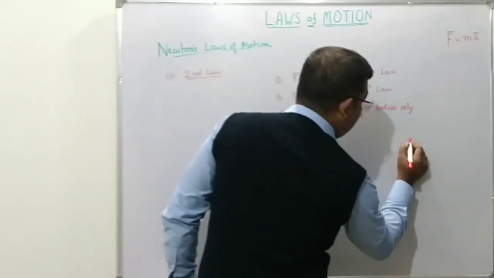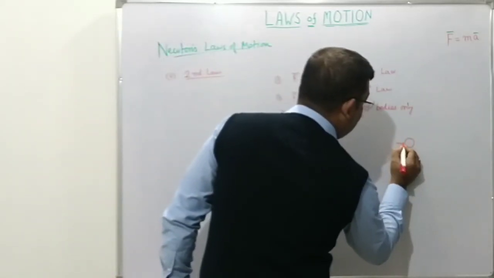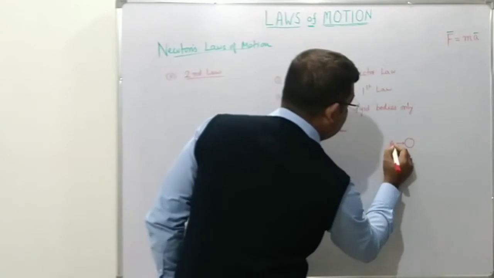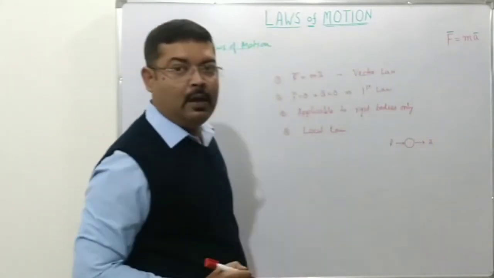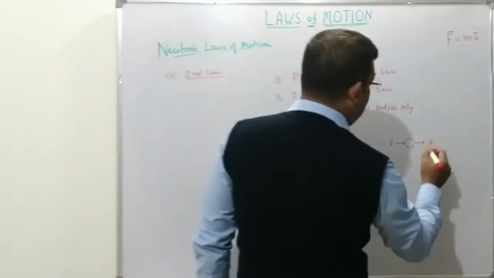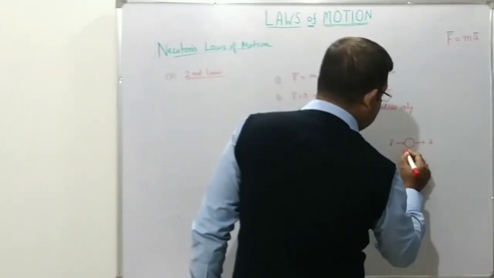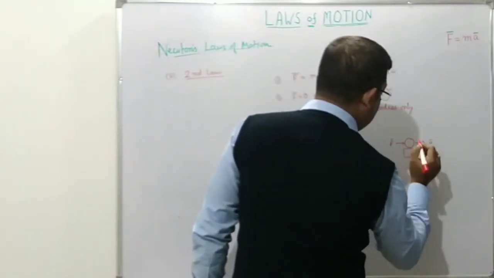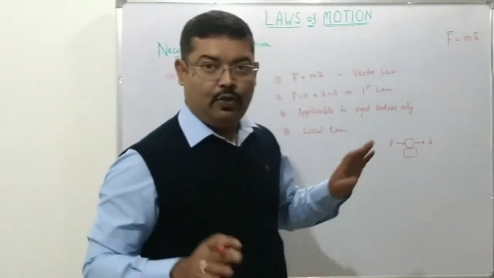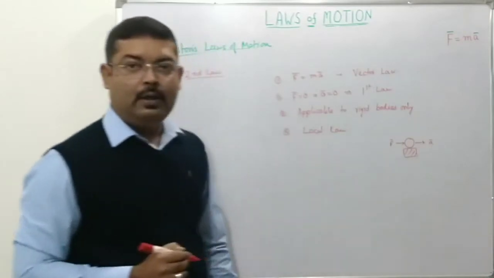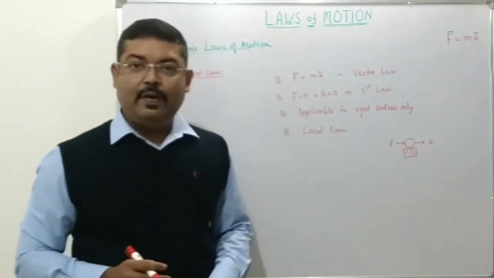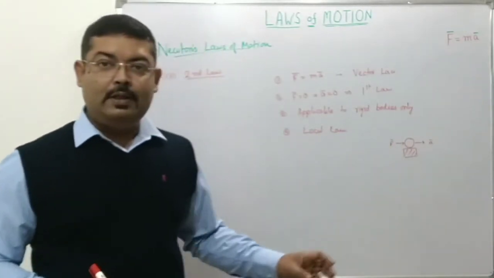That is, if I take a ball and apply a force on this, the ball is going to get accelerated. However, if there is no friction, that is, the ball was resting on a block, the block is not going to be affected by this applied force.